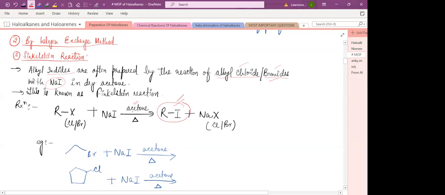If you use RX, where X could be chlorine or bromine, and treat it with sodium iodide in acetone, you will get RI plus NaX. Got it? Yes, ma'am.